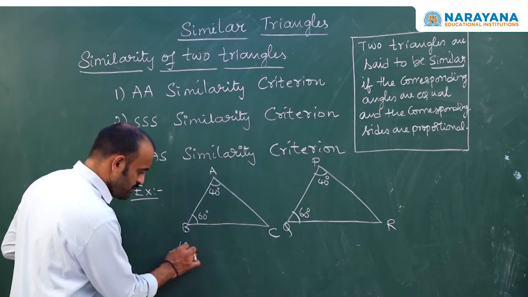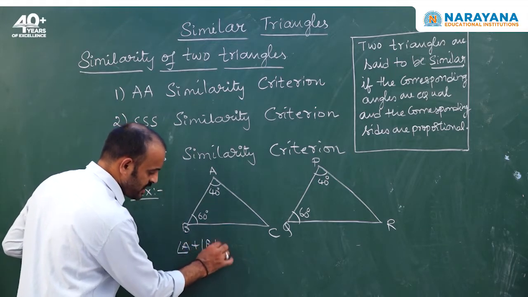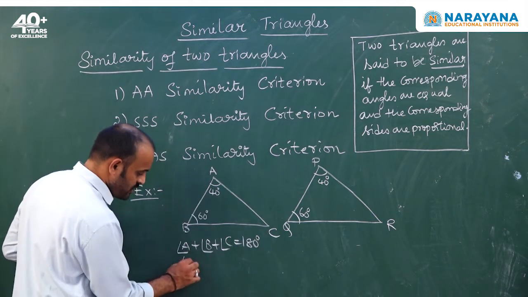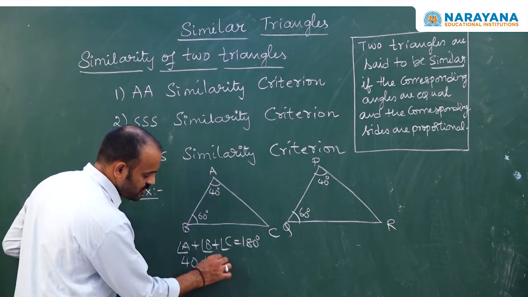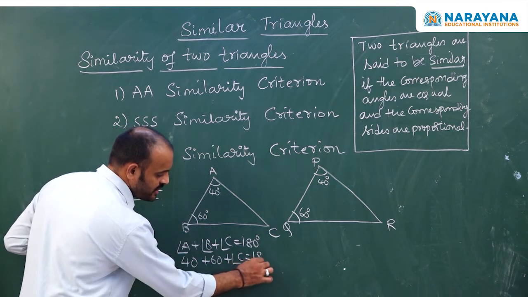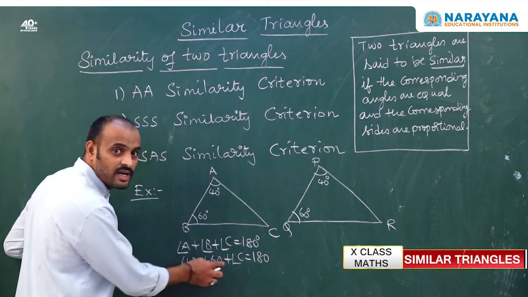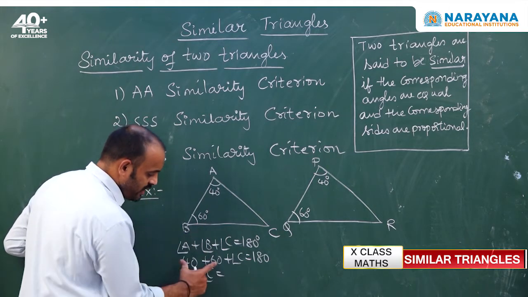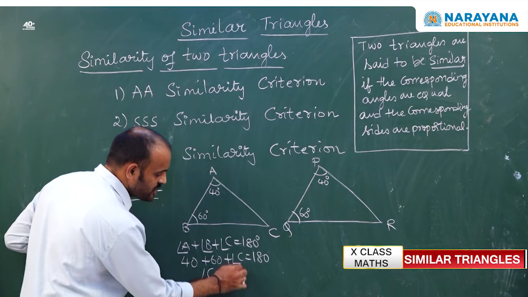Angle A plus angle B plus angle C is equals to 180 degrees. So 40 plus 60 plus angle C is equals to 180. 40 plus 60, 100. Transpose other side. Therefore angle C is equals to 180 minus 100, 80 degrees.